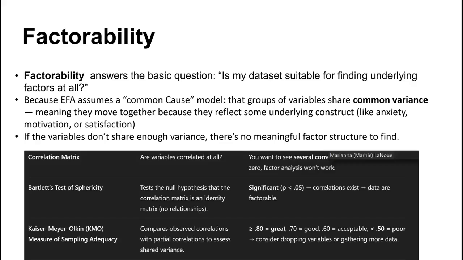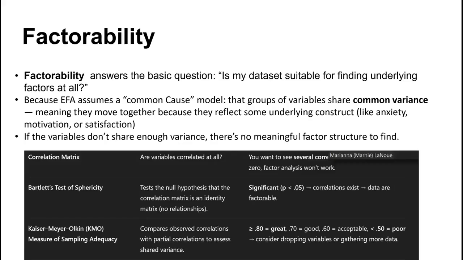Again, that the variables share common variance, that the pattern of correlations among those variables is explicable because they are manifestations or effect indicators of some common cause latent variable. So if the variables don't share enough variance, then there's no meaningful structure to find.